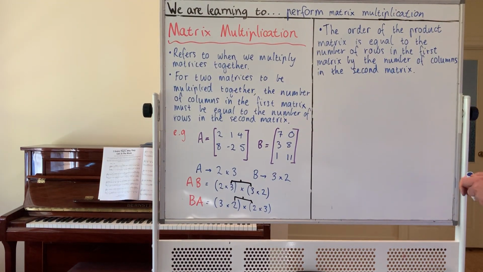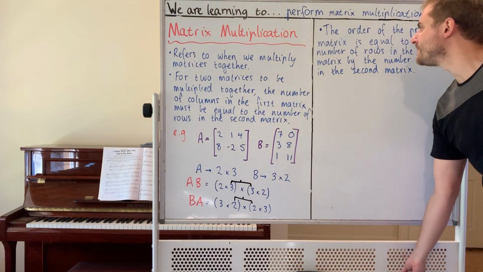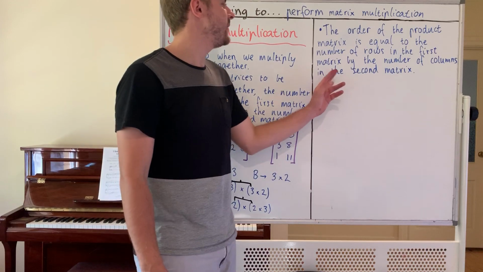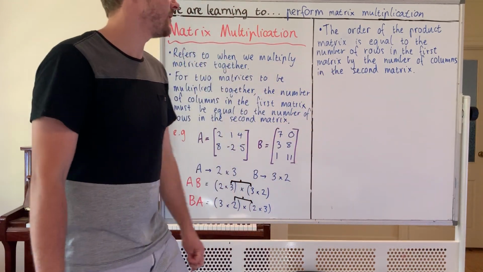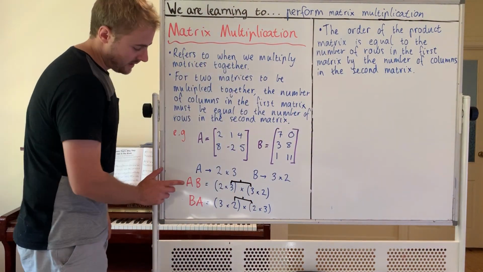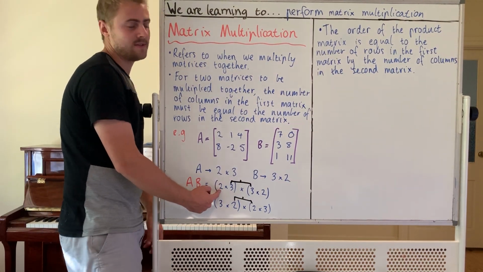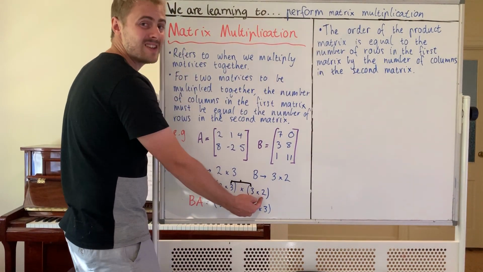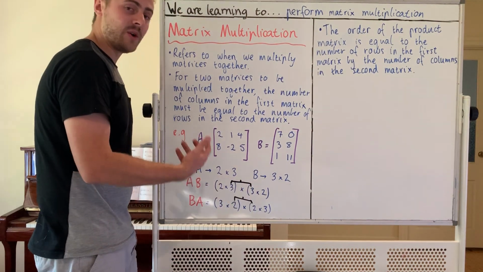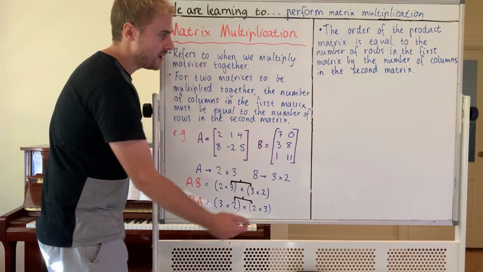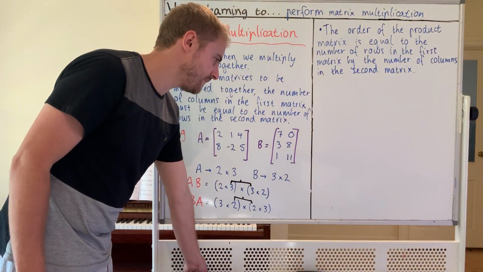The order of the product matrix is equal to the number of rows in the first matrix by the number of columns in the second matrix. Having another look at this example, the number of rows in the first matrix is 2, and the number of columns in the second matrix is 2. So the order of AB, if we were to multiply these together, would be a 2 by 2 matrix.